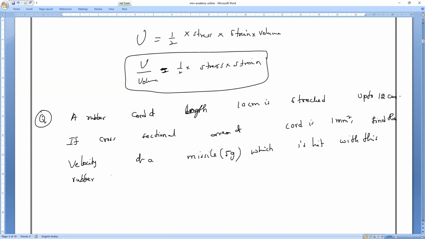Imagine it like a rubber gun. The Young's modulus of this rubber is equal to 5 into 10 power 8 Newton per meter square.